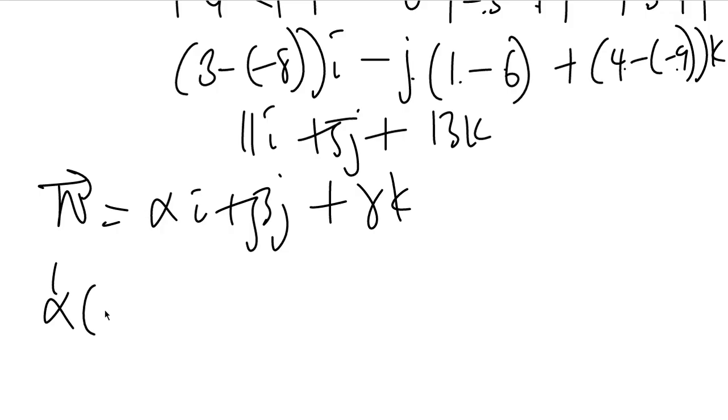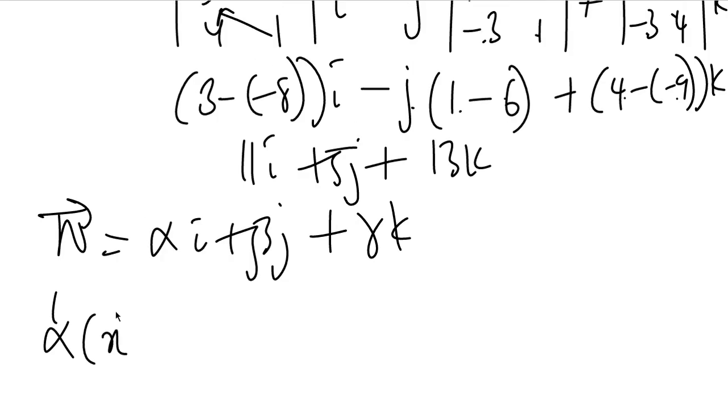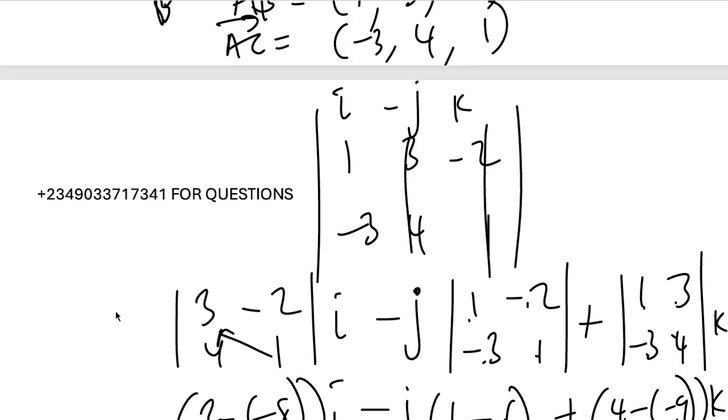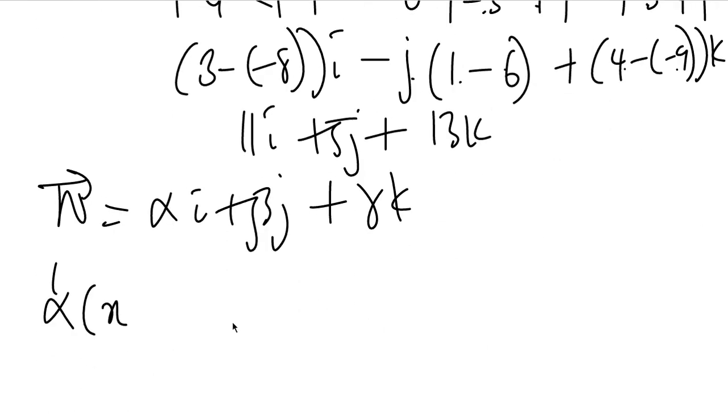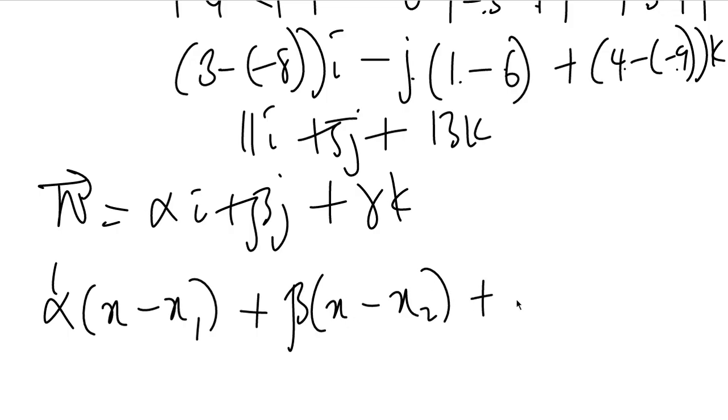Alpha into x, which is that arbitrary point, let's say along AB in this case now, x minus x1, and then plus beta x minus x2 plus gamma x minus x3.